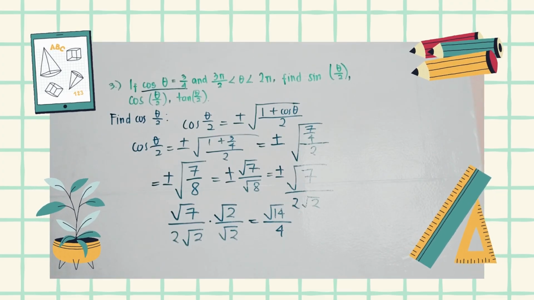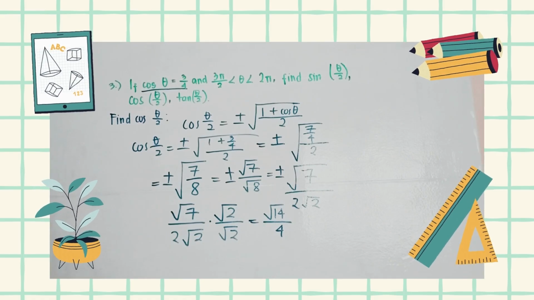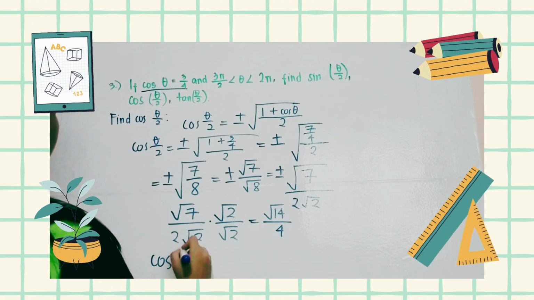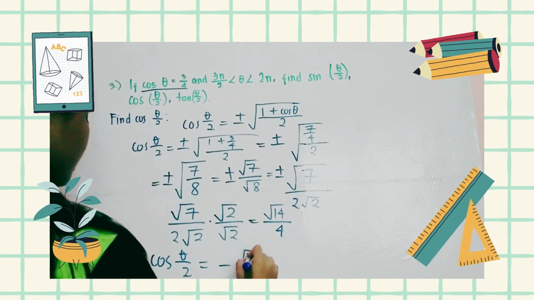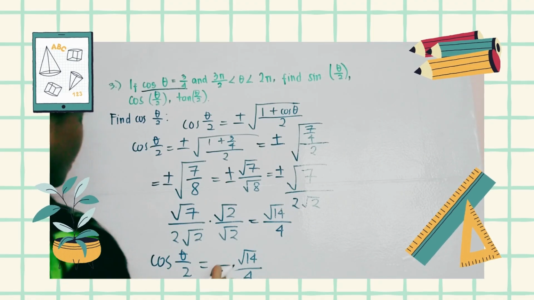Now, let us check the quadrant, in which in quadrant 2, as I have mentioned before, cosine is negative. Therefore, cosine theta over 2 is equal to negative square root of 14 over 4.